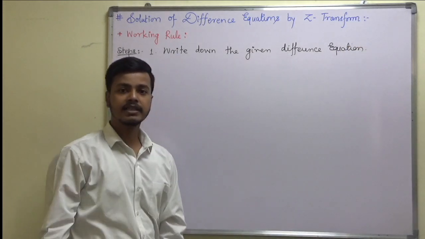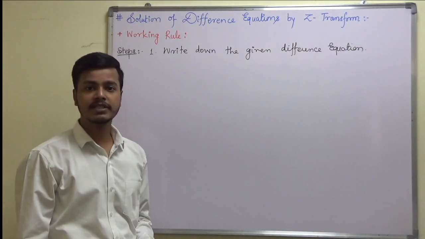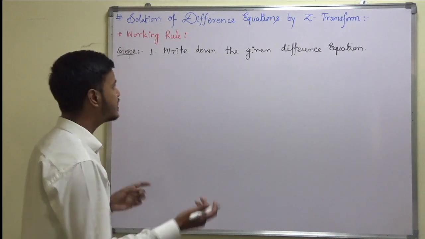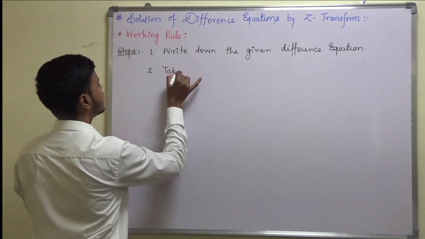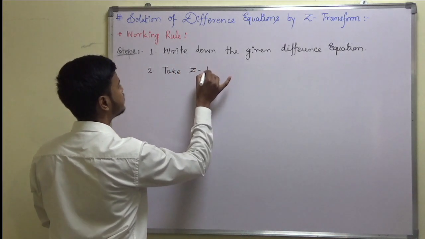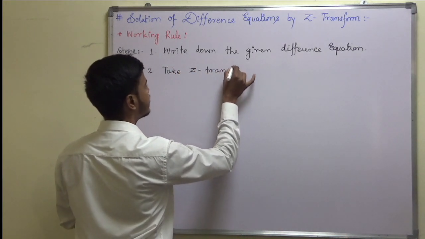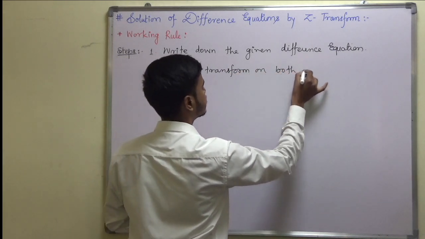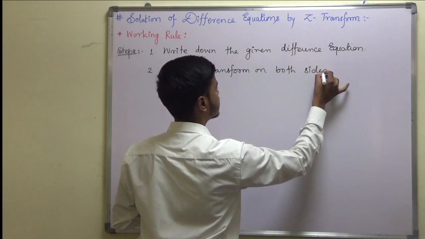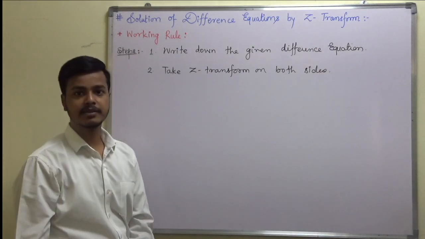And the very next step, after you write down the given difference equation, you just have to take Z transform on both sides. This is the second step.